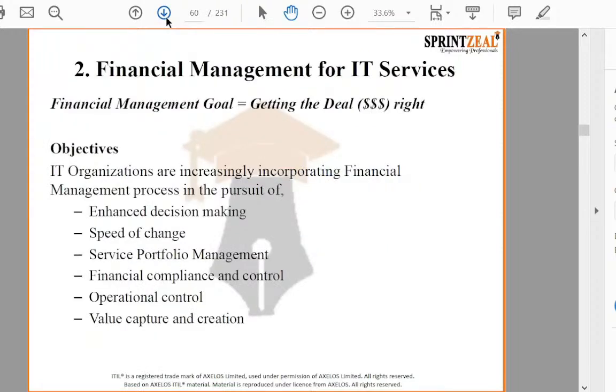Okay, financial management. The financial management goal is just getting the deal right. It's making sure the money is correct. This will be a very, very short overview of financial management.